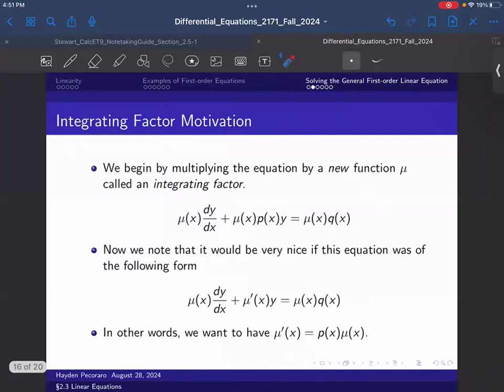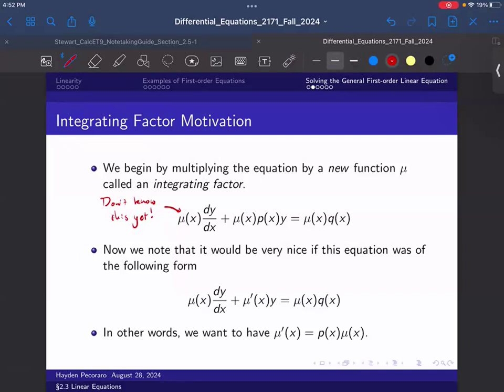So how do we do this when we assume that the functions are nice? Well, we multiply by this function mu of x. And we don't know what this is yet. I just multiplied and said, all right, hopefully there is some function that works.